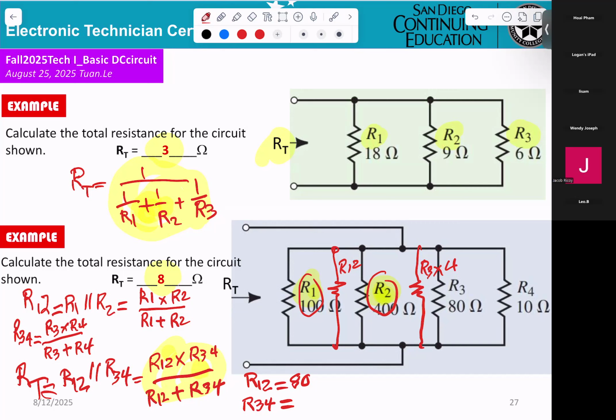Okay, I get 8.89 for R34. Let's see, 8.89. I got 89. Hmm, let me do that again.